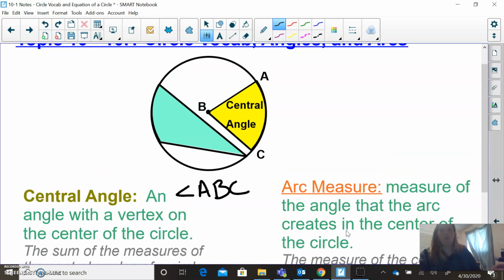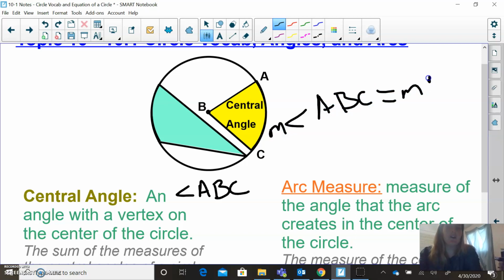Okay? So, what that means is that the measure of angle ABC is equal to the measure of arc AC. So this angle is equal to this arc.